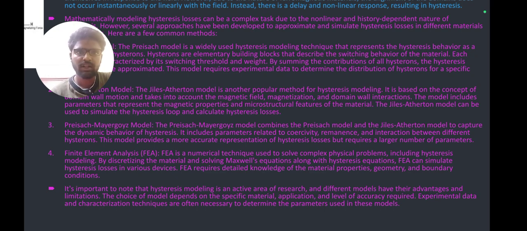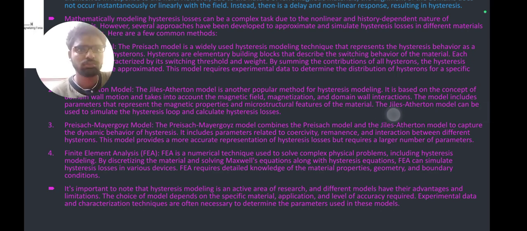Finite element analysis is a numerical technique used to solve complex physical problems, including hysteresis modeling, by discretizing the material and solving Maxwell's equations along with the hysteresis equation. FEA can simulate hysteresis losses in various devices.